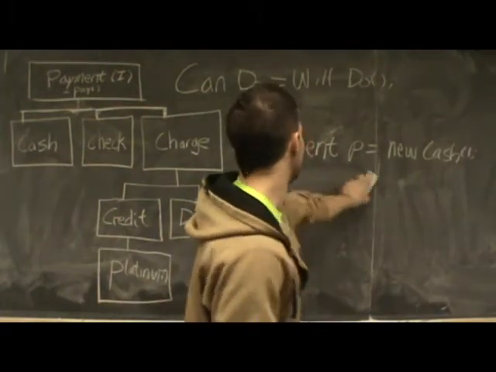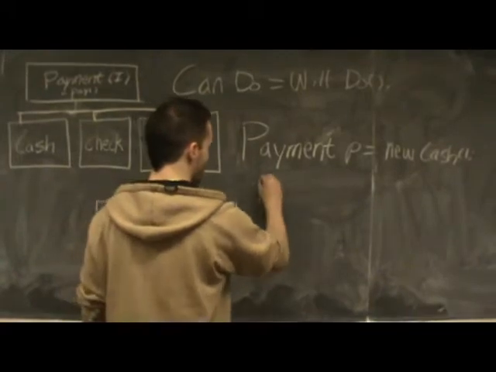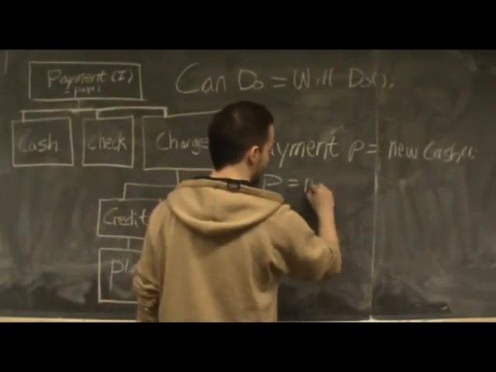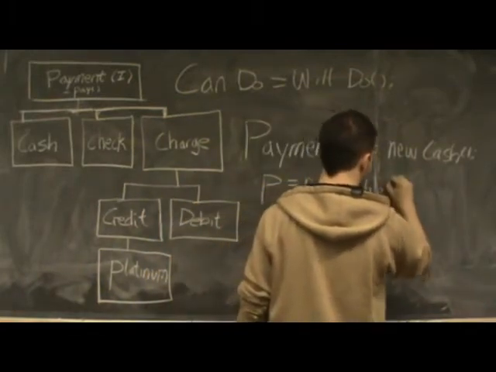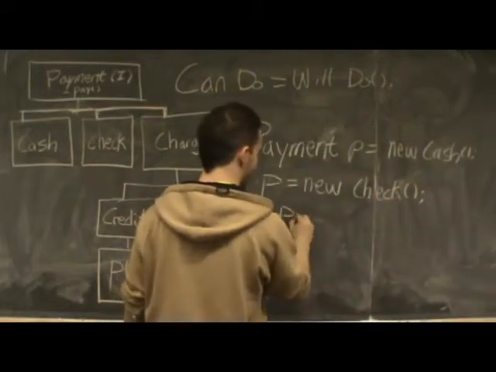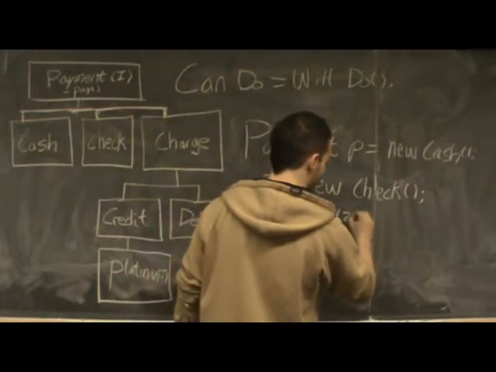returned value, returned money. But let's say I didn't do that, I change it and I say P equals new check. Then I do P.pay 200.